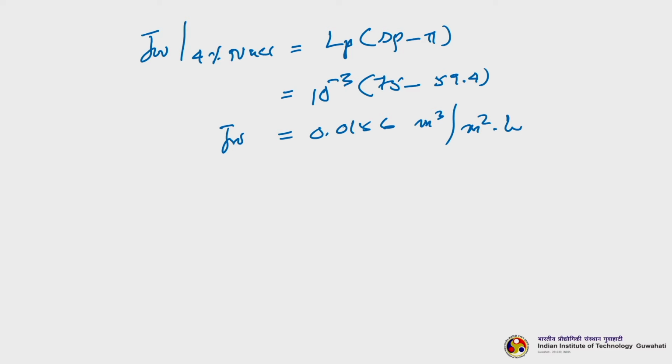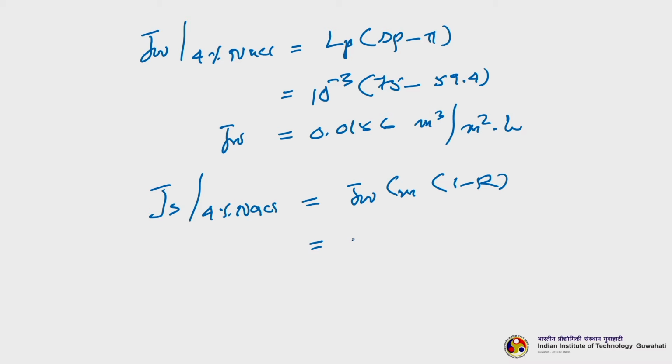Then we have to calculate the salt flux at 4% NaCl. It is nothing but Jw into Cm into (1 minus R).